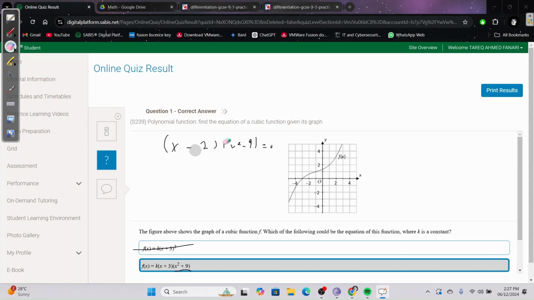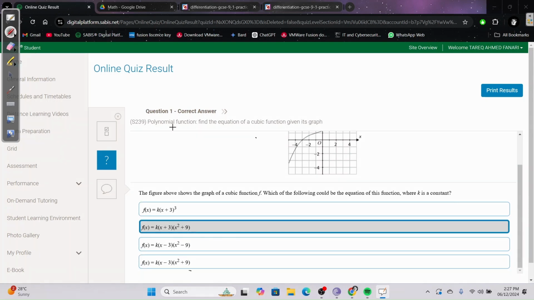Okay, so moving on to the one after it. X minus 3 into x squared plus 9, right?